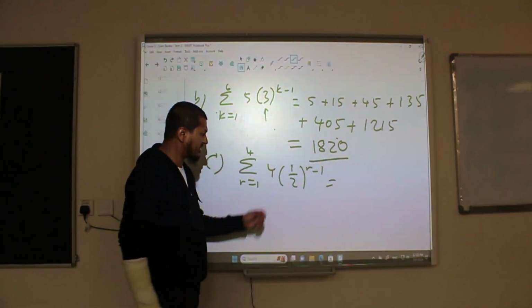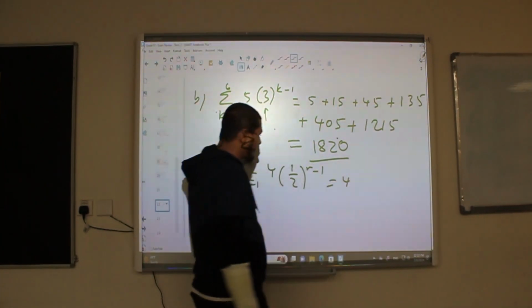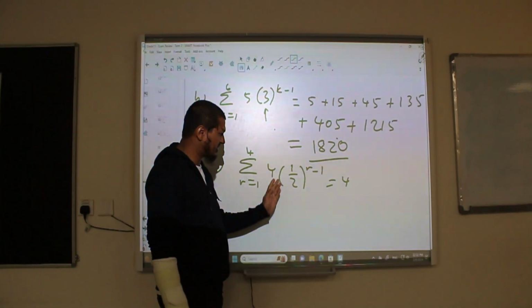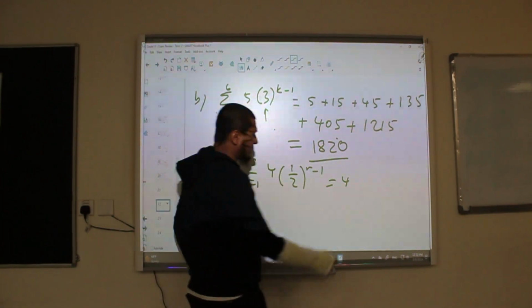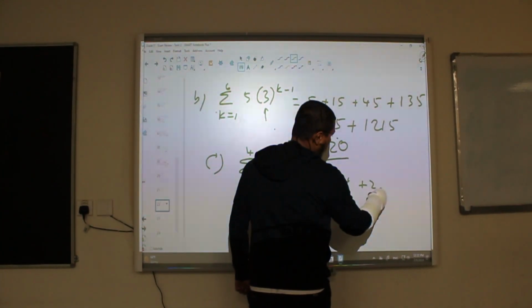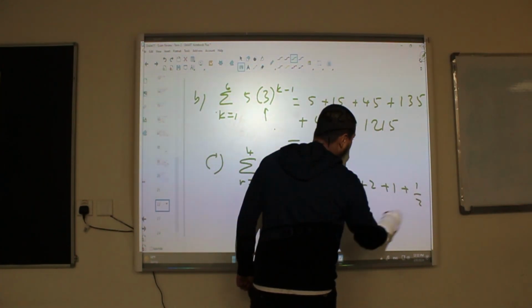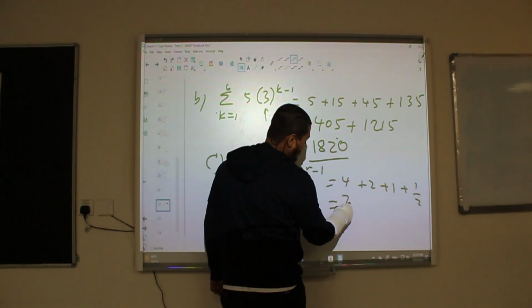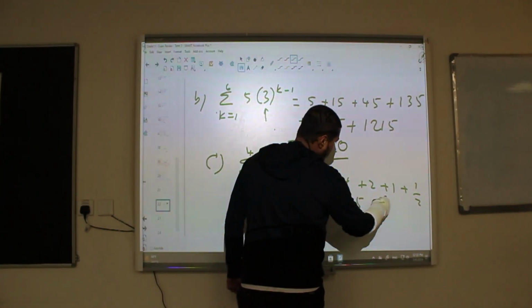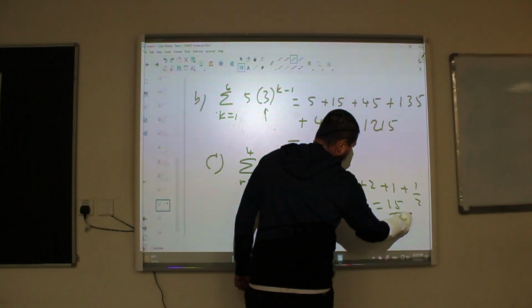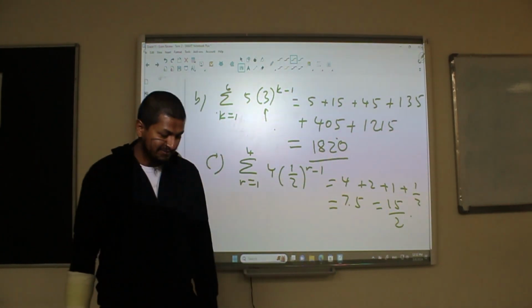I can see the first term a is 4. The next term is dividing by 2 or multiplying by half. 4 times half is 2. Then dividing by 2 you get 1, and then dividing by 2 you get half. So if I add up everything, I will get 7.5. You can also write your answer as 15 over 2. I hope you understand, guys.